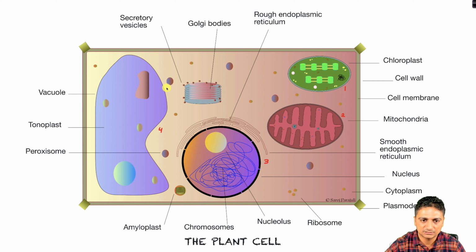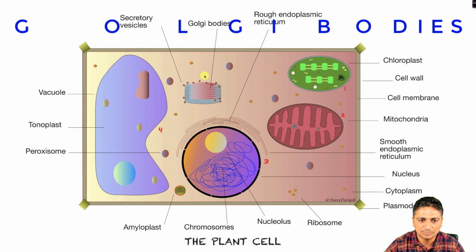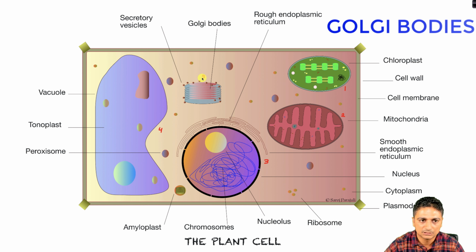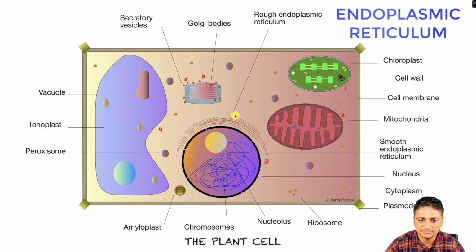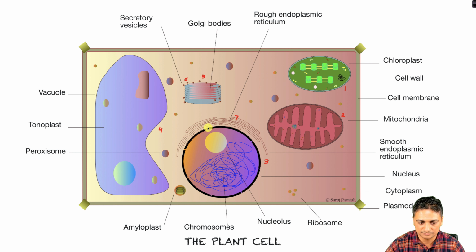And other smaller cell organelles are Golgi bodies, and Golgi bodies has these secretory vesicles, and the nucleus has both rough endoplasmic reticulum and smooth endoplasmic reticulum.